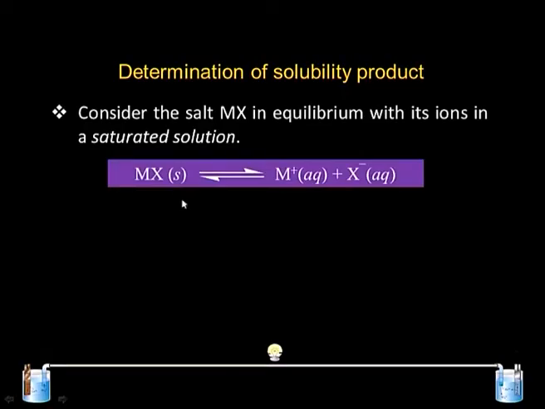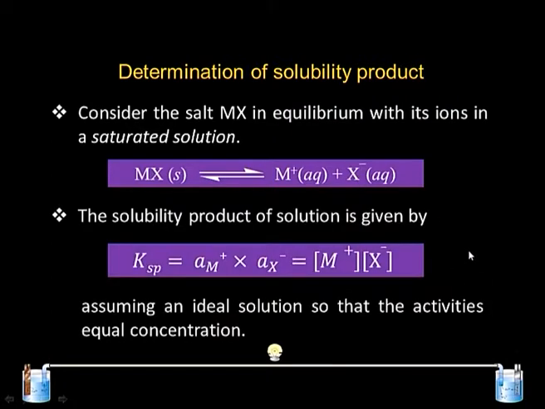So, let us write an equation: MX solid is in equilibrium with M plus aqueous plus X minus aqueous. The solubility product of the solution is given by the expression Ksp is equal to a M plus multiplied by a X minus, which is equal to M plus X minus.